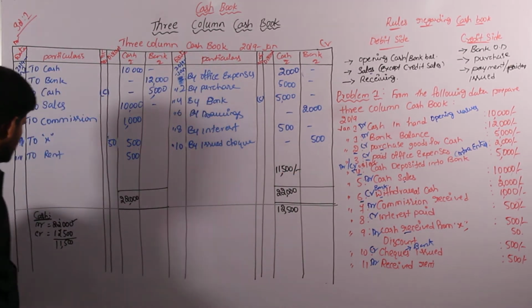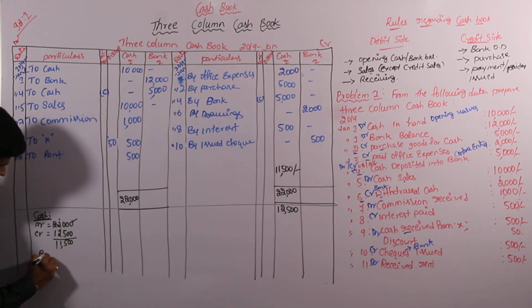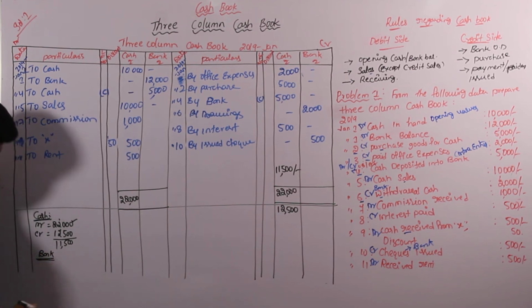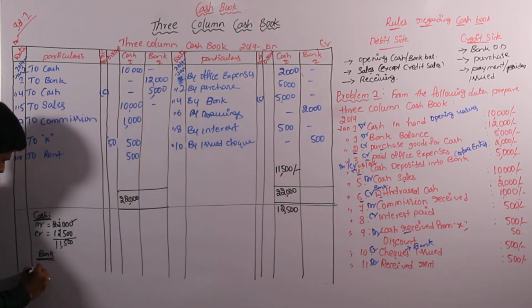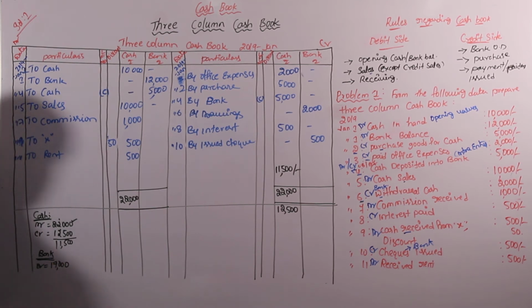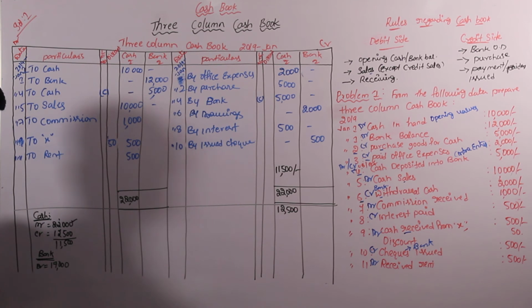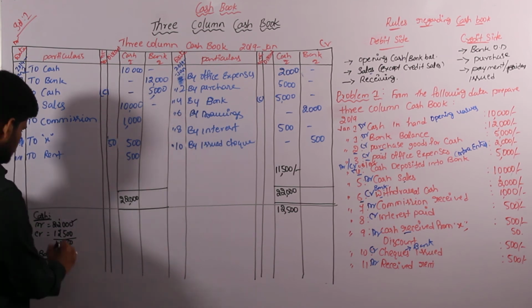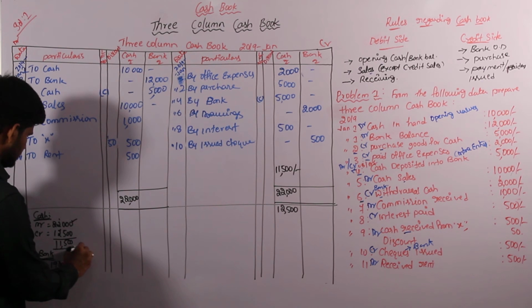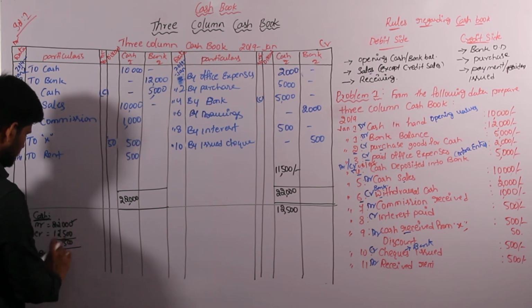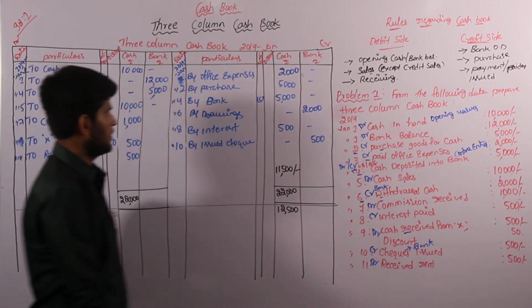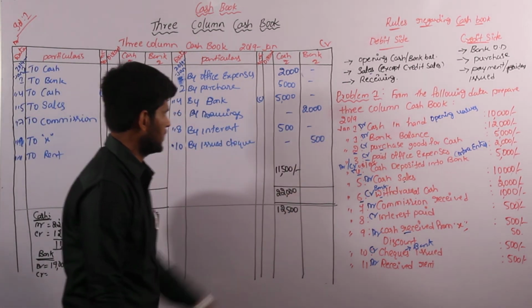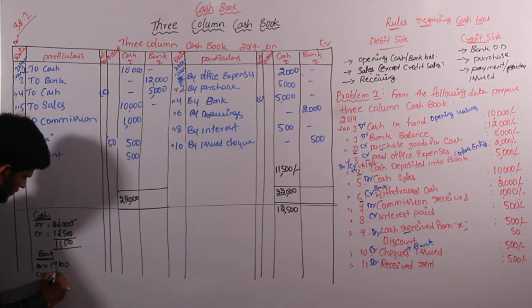Right? And come to the bank column values. Bank column values 12,000 plus 5,000, 17,000 debit side value. And come to the credit side values 2,000 plus 500, 2,500.